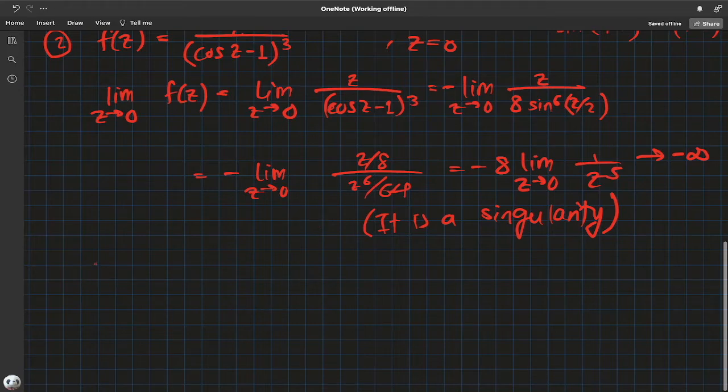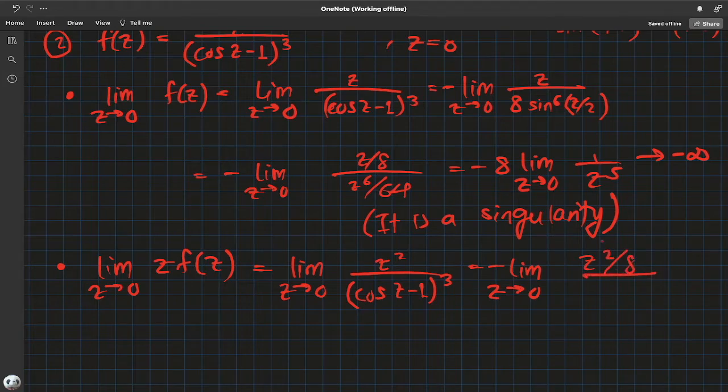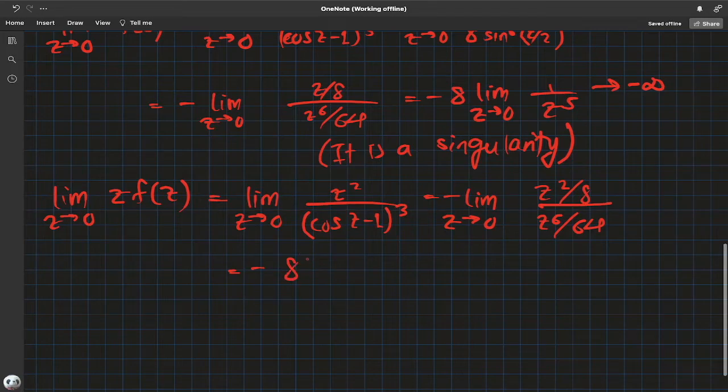So check for z times f of z, which happens to be, I'm going to separate these with pointers so that we don't confuse ourselves, z squared over (cosine z minus 1) cubed, repeating all of the steps until we reach this guy: z squared over 8 divided by z to the 6th over 64, which will give you a factor of negative 8 times limit z goes to 0 of 1 over z to the 4th, which will again diverge.